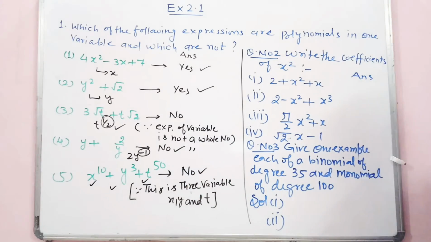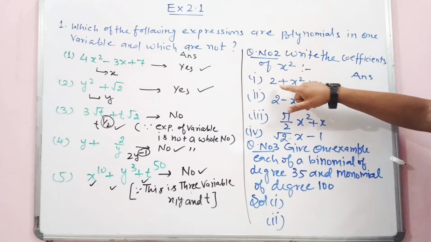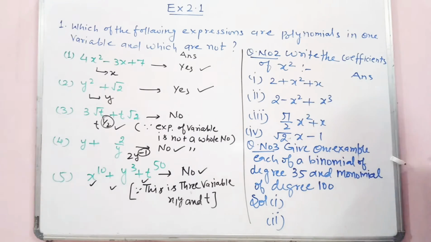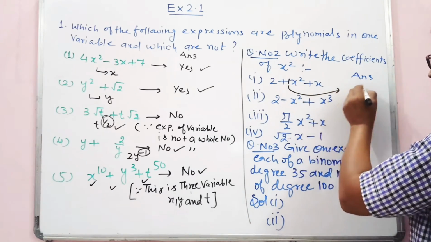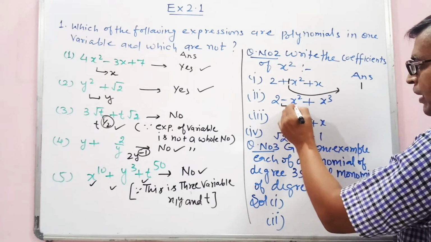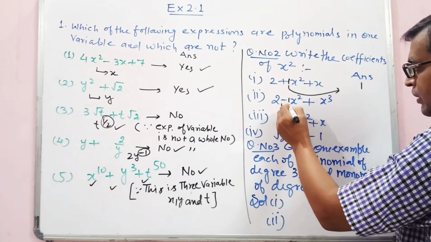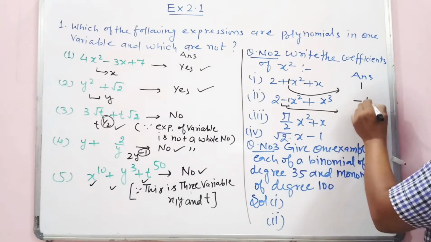Now question number 2, write the coefficient of x square. Now you see the first part 2 plus x square plus x. Then here we see which number is there. We write in the answer 1. X square, here we see what is the sign, minus, and the number is minus 1, then the x square coefficient we write minus 1 here.